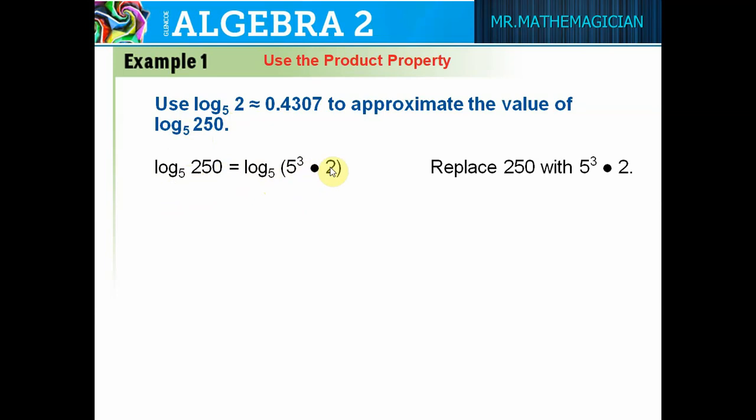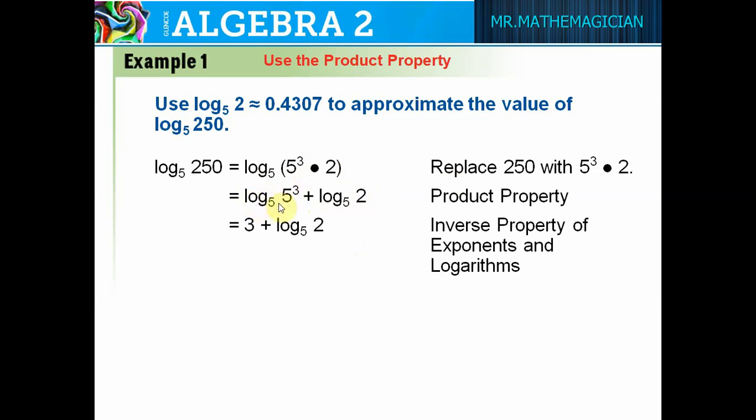Of course, you can use a calculator for it, or you can use your mental math to discover that 250 is really 2 times 125, and 125 is 5 to the power of 3. So now this is the product. It will be addition. So log 5 power 3 base 5 plus log 2 base 5.